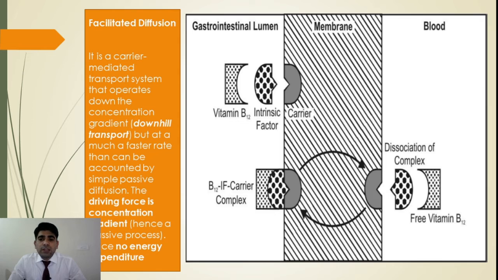But it is far different from what we have discussed before, because here a carrier is involved, and one intrinsic factor, as you can see in the diagram, and the example is vitamin B12. Vitamin B12 will bind with the intrinsic factor available in your stomach, and then it binds to the carrier available in your biomembrane, and is transferred to the other side where it gets released into the blood, available for further use.